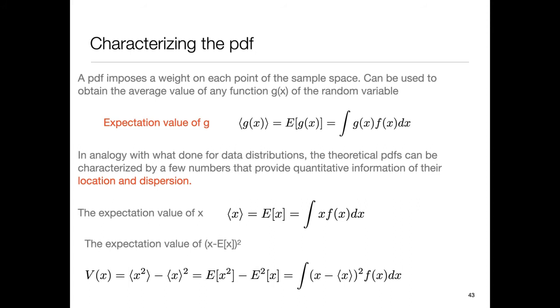And the expectation value of X itself is actually the average value, or you can also get the expectation value of X minus the expectation value of X, squared, which is the variance. So this is basically an extension of what we just saw about the sample quantities. These are similar quantities associated with the PDF.